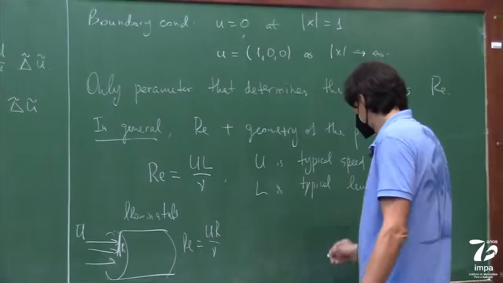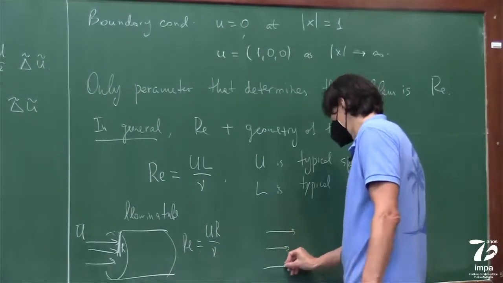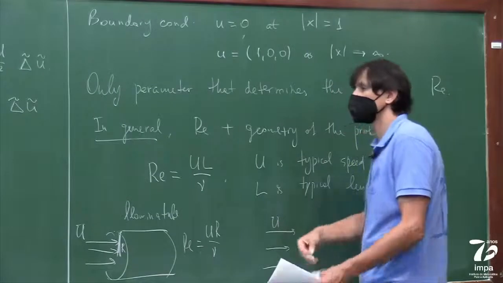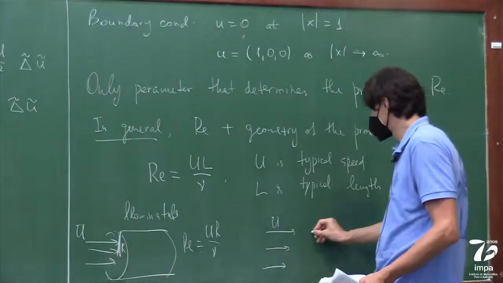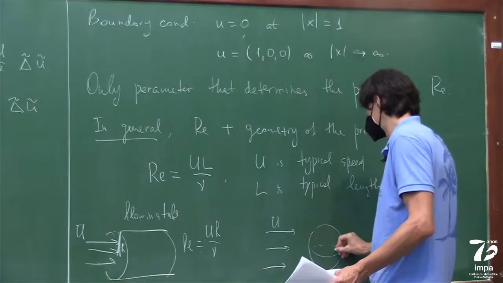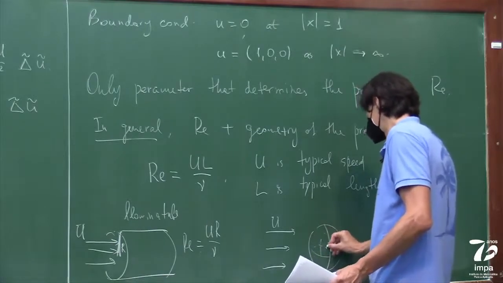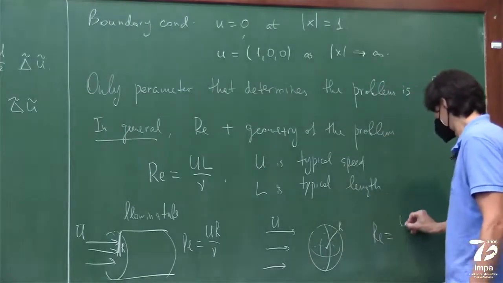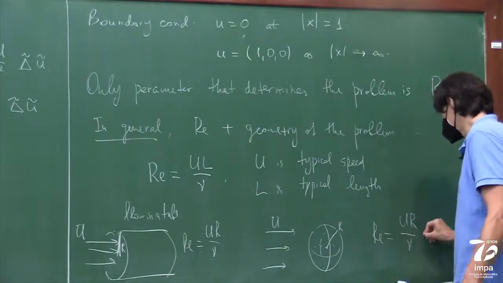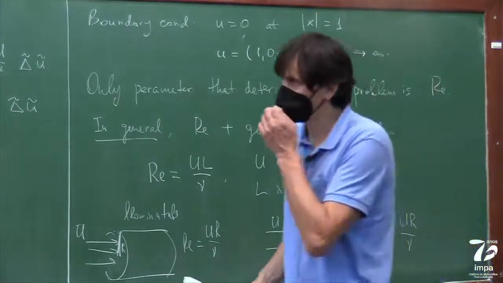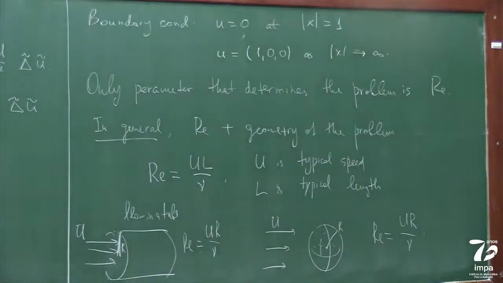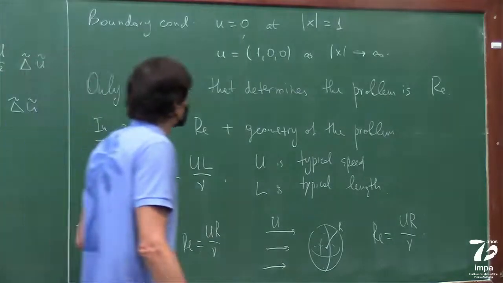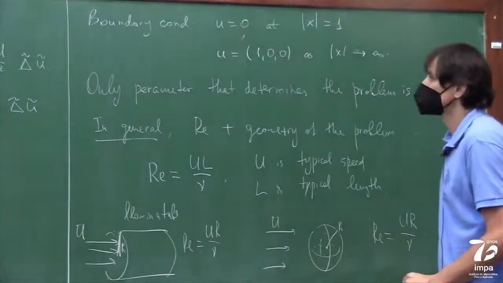Another problem you can imagine is the wind around any other object, not necessarily a cylinder, for example around a ball of radius R. Again, the Reynolds number is UR over nu. So essentially, there is one parameter in fluid dynamics that, given the geometrical properties, is the only dimensionless parameter that defines what the flow will be.